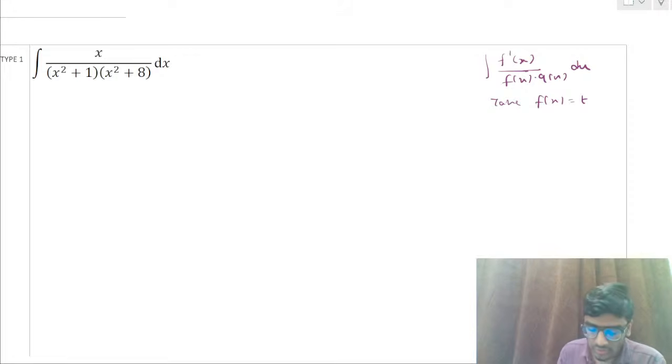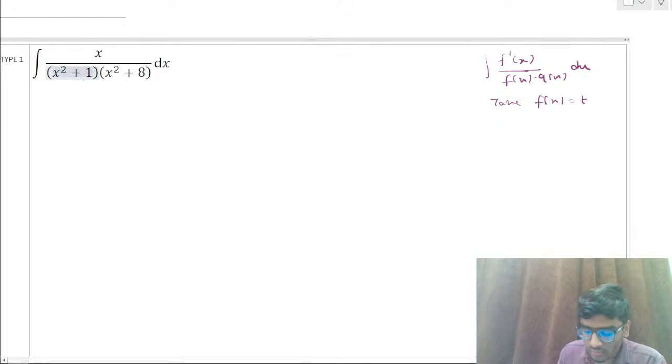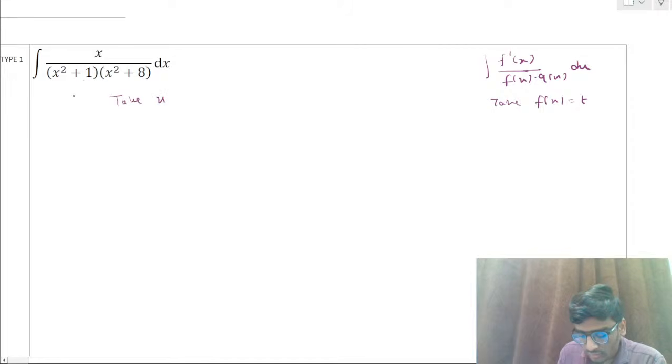Here, can we go for a partial fraction? No, because both factors, x square plus 1 and x square plus 8, have power 2, meaning they are quadratic polynomials and not factorizable. So in this case we are going to take x square plus 1 as t.